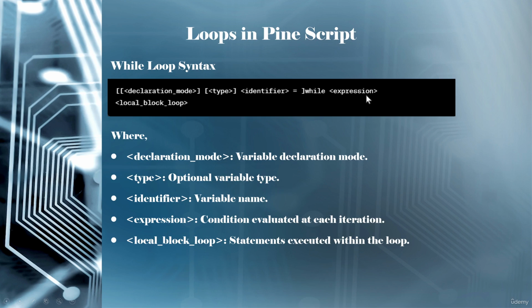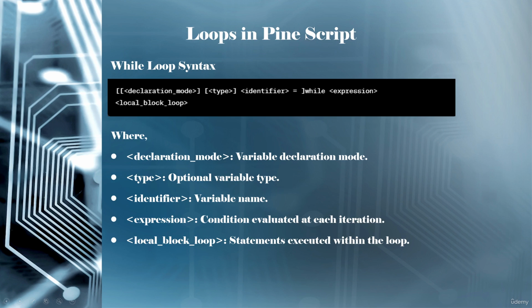And if the expression is false, even before the first execution, the local block loop is never going to be executed if the initial check of the expression is false.